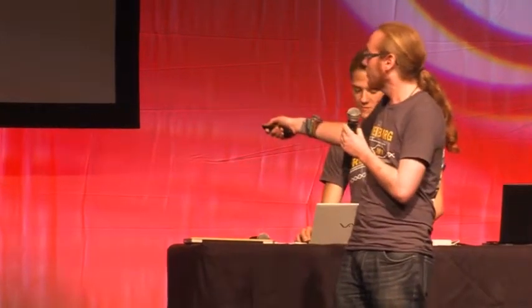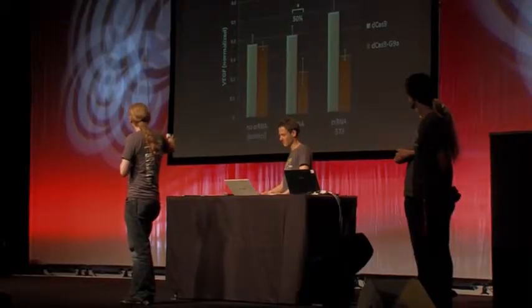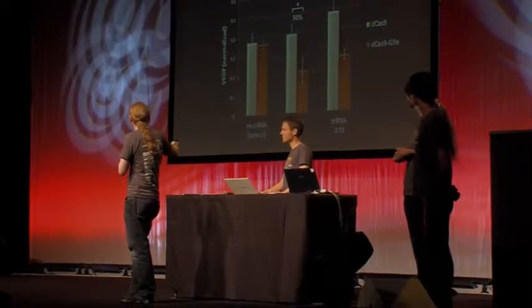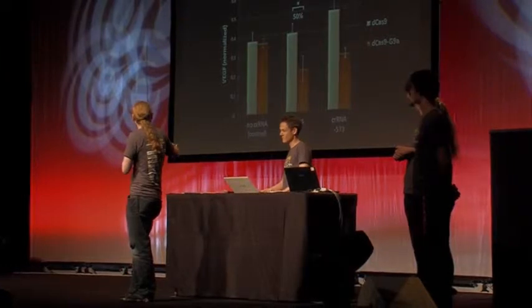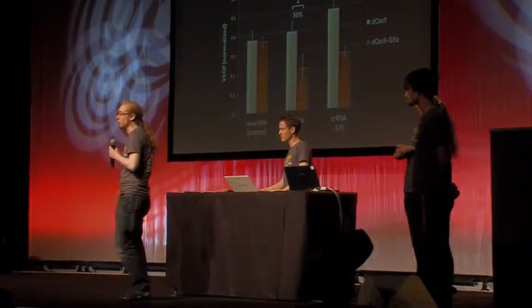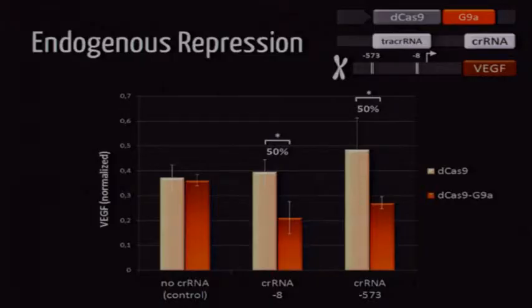On the y-axis, you see the readout of the ELISA-based method, and on the x-axis, you see the different sites that were targeted. And at first, we didn't target it anywhere, so just letting it float around in the cell. Well, and we didn't see any difference in expression of VEGF. But as soon as we started targeting it in front of the transcriptional start site of the endogenous VEGF locus, we were able to achieve 50% repression in VEGF expression.